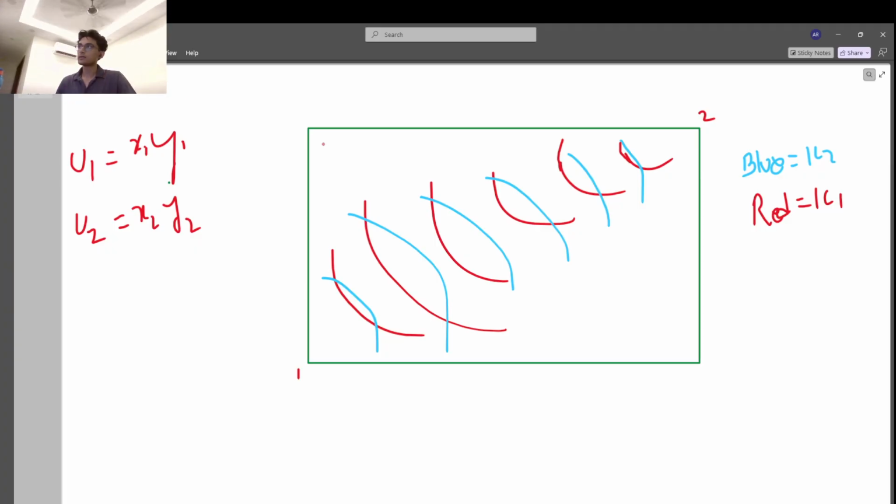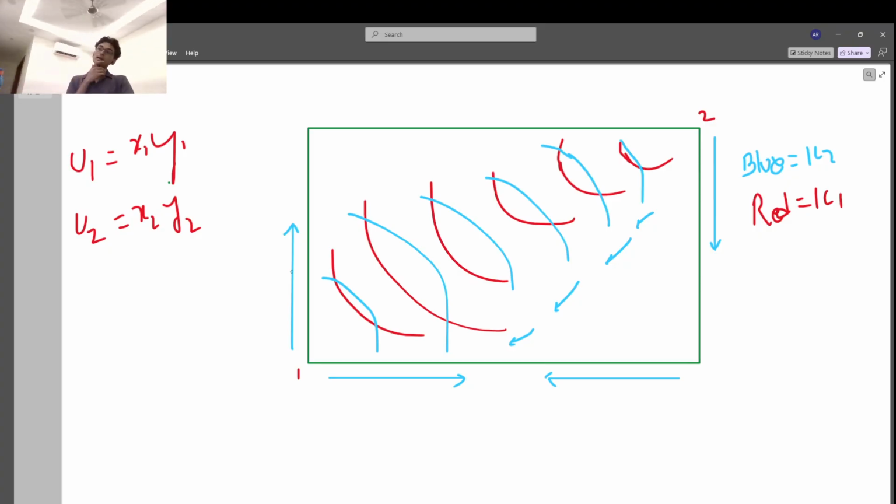So this shows the preferences of individual one and two respectively, and it shows that the more of good x individual two has, the better off he is, because the preference goes this way. And the more of y individual two has, the better off, and more of good x individual one has, better off, and more of good y individual one has, he's better off.